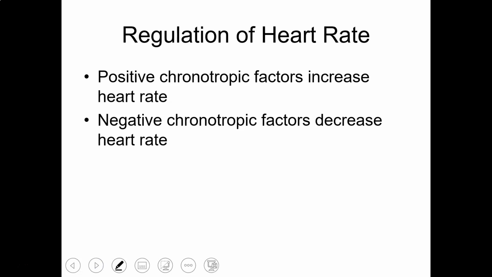Chronotropic factors change the rate of the heartbeat. A positive chronotrope makes your heart beat faster. Things like epinephrine, norepinephrine, those make your heart beat faster. Negative chronotropes slow down your heart rate. Things like acetylcholine.